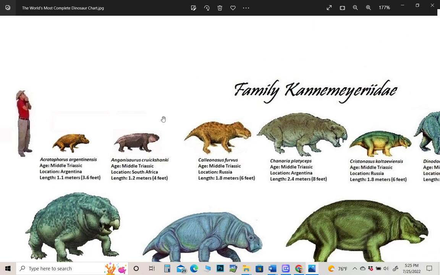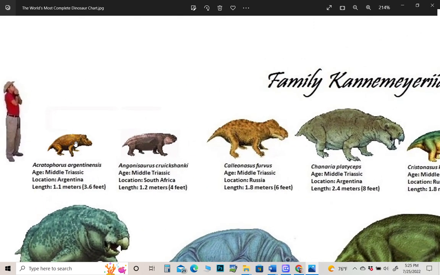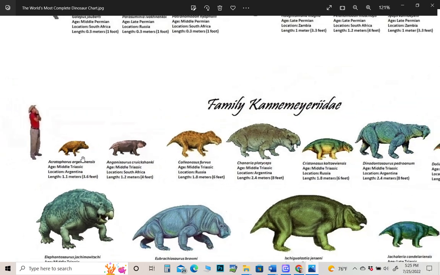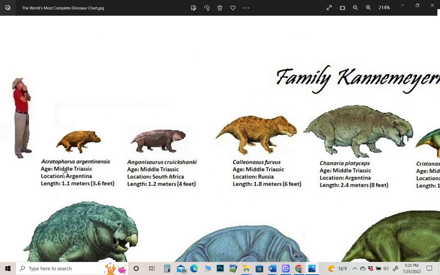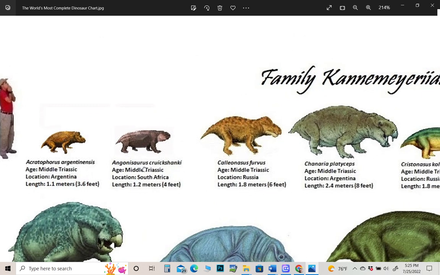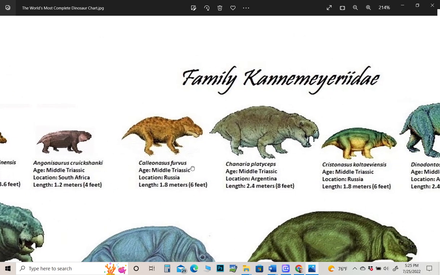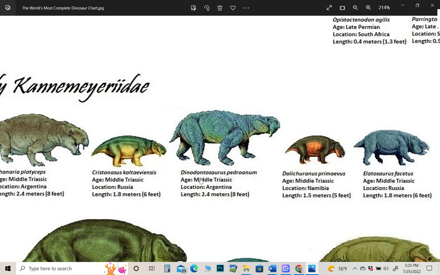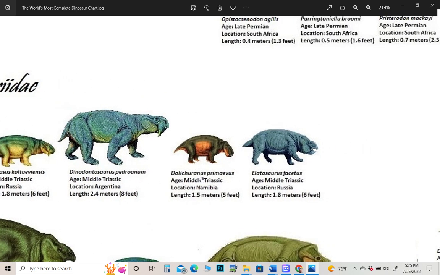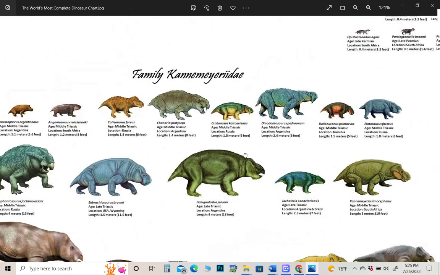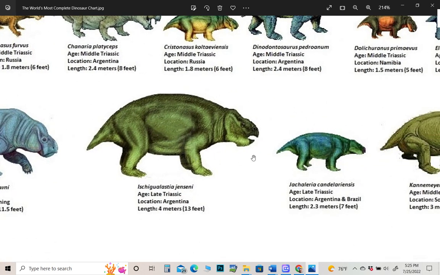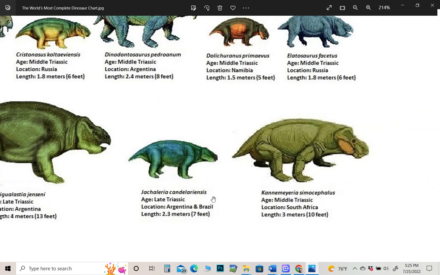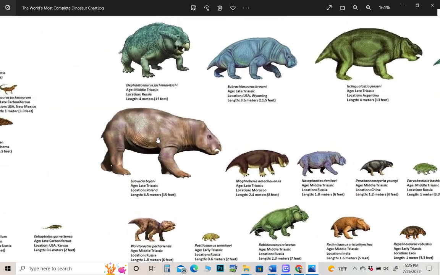Acratophore, it is the Kannemeyeriids. This is the largest family in the group. It's from the Middle Triassic, actually, though most of the other ones are from the Permian. This one family was in the Triassic. Acratophorus, Angonisaurus, Calionasus, Ternaria, Christonasus, Dinodontosaurus, Dolichuranus, Elatosaurus, Elephantosaurus, Eubrachiosaurus, Ischigualastia, Jachalaria, Kannemeyeria, Lisowicia.